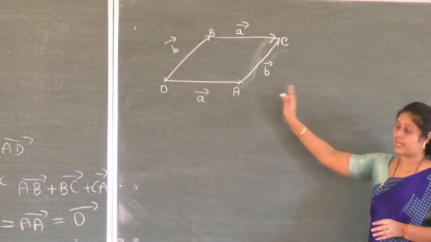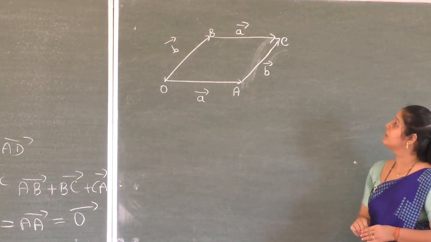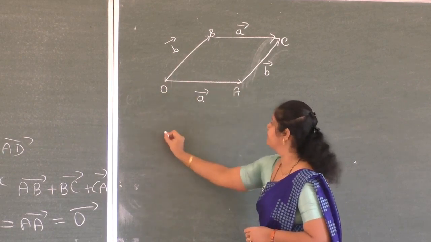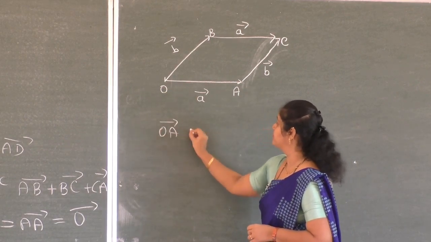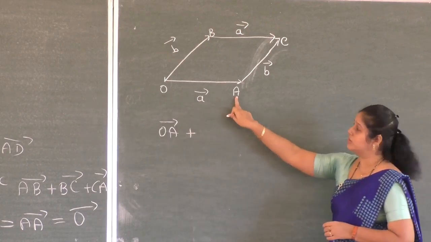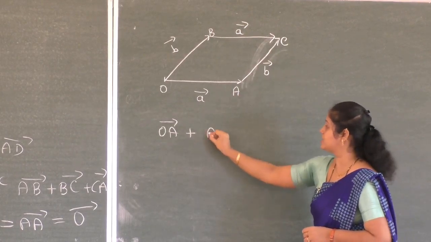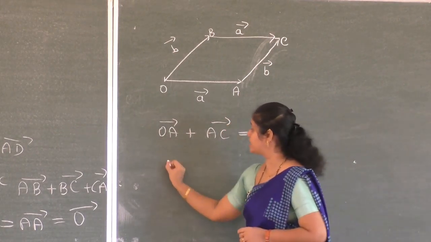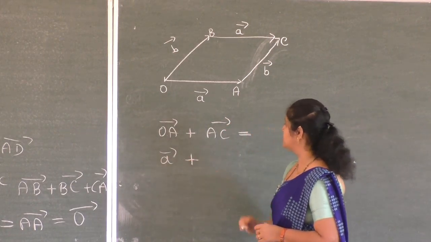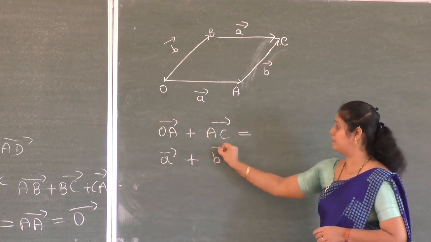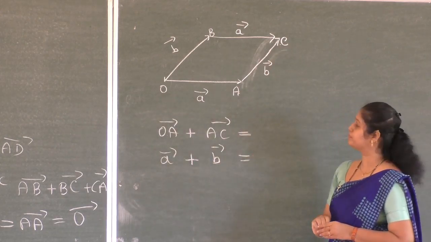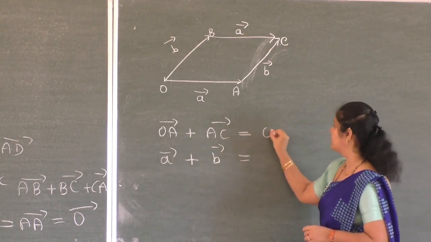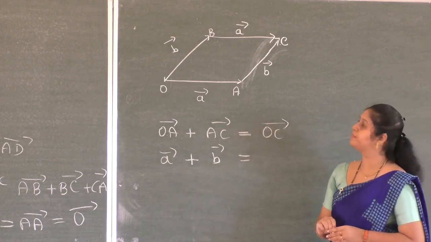So this is equal to vector A. Now it looks like a parallelogram. Now we can add vector OA plus the direction A to C, that is vector AC. That means vector OA is vector A plus vector AC is vector B. So here the initial point and terminal point coincide, so we have vector OC.